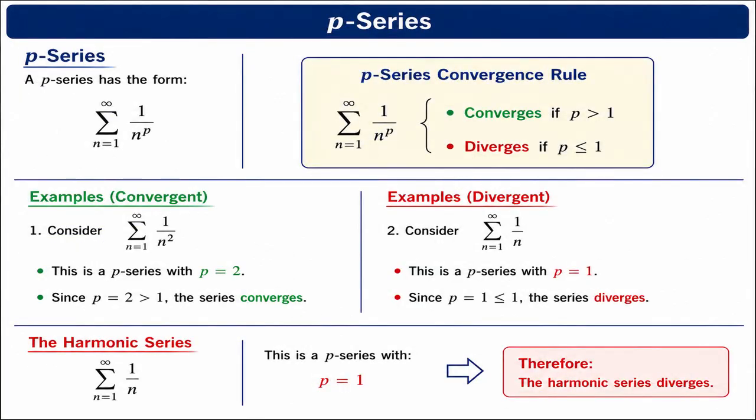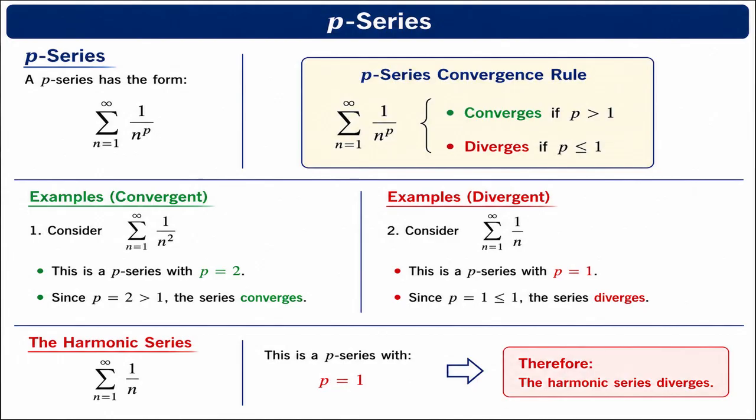A p-series has the form 1 over n to the power of p. There is a very important convergence rule. If p is greater than 1, the series converges. If p is less than or equal to 1, the series diverges. For example, the harmonic series is the sum of 1 over n.